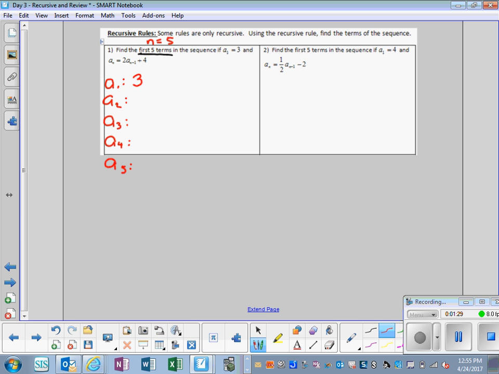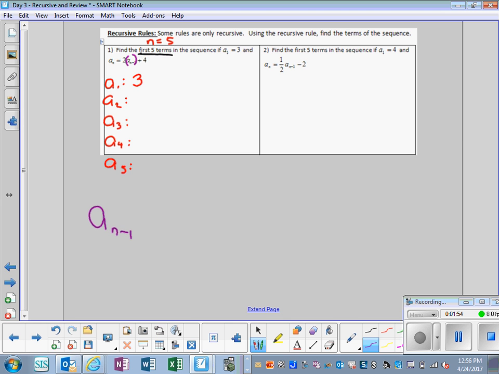The other thing that I want you guys to know here is, do you see that a sub n minus 1? That is talking about the number before, the previous number. That is where you would plug in the number before.